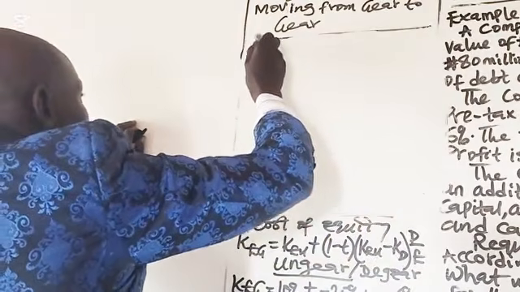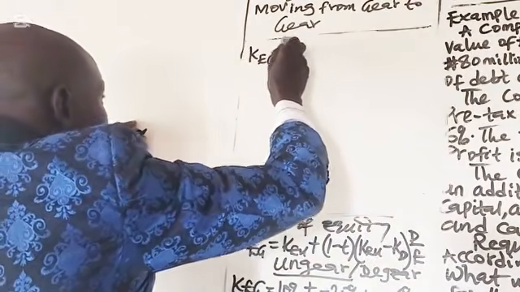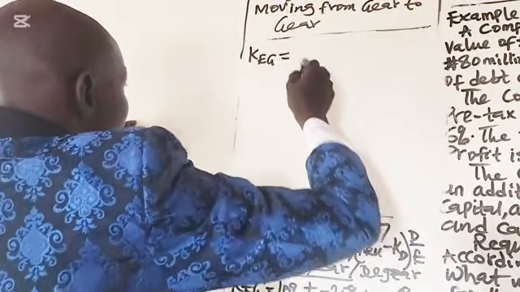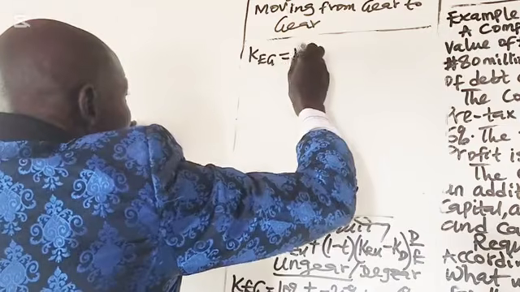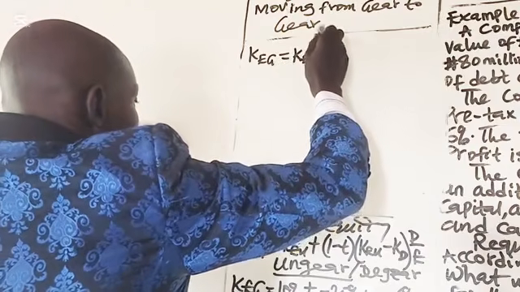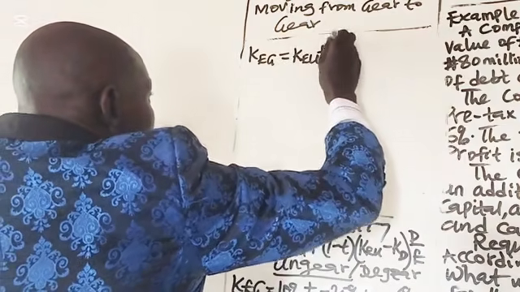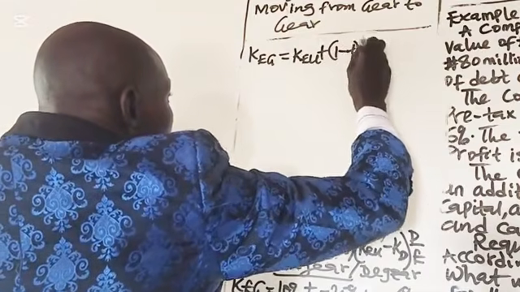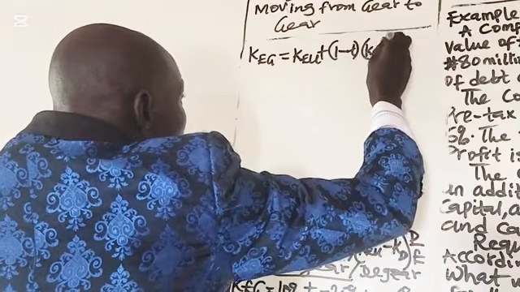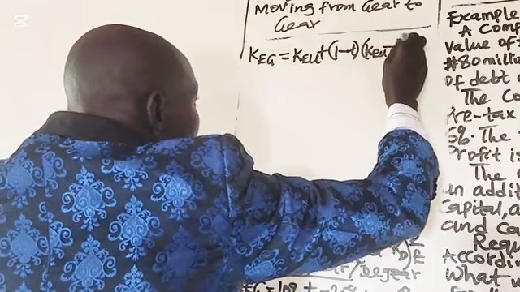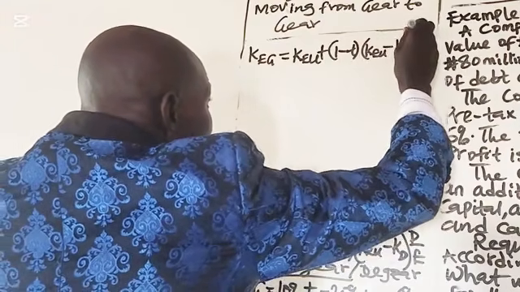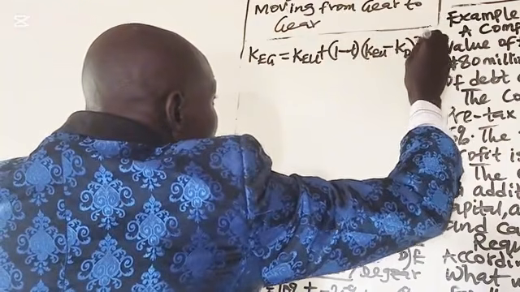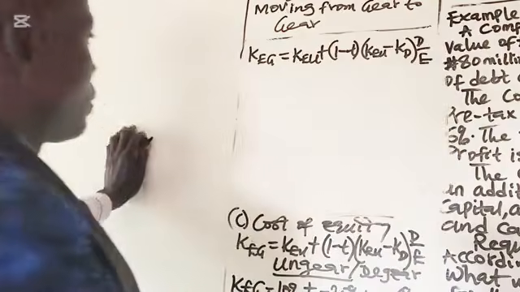Remember the formula for calculating the cost of equity in a geared company according to M&M Proposition 2 is Q plus (1 minus tax rate) into (Q minus KD) into market value of debt over market value of equity.